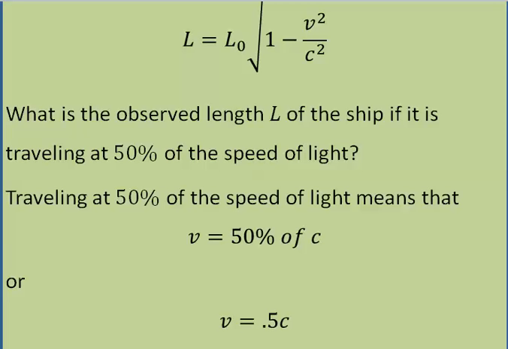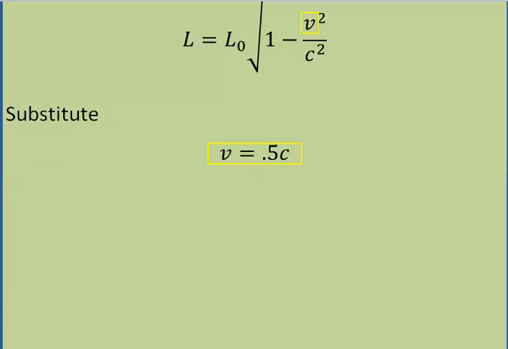I prefer to write it as 1/2 c. Most students, though, seem to like to keep it as a decimal, so I'll keep it as a decimal for now. All right, so instead of v, I'm going to put in half of c because we're talking about a velocity that's half of the speed of light. So I'm just going to make that substitution.